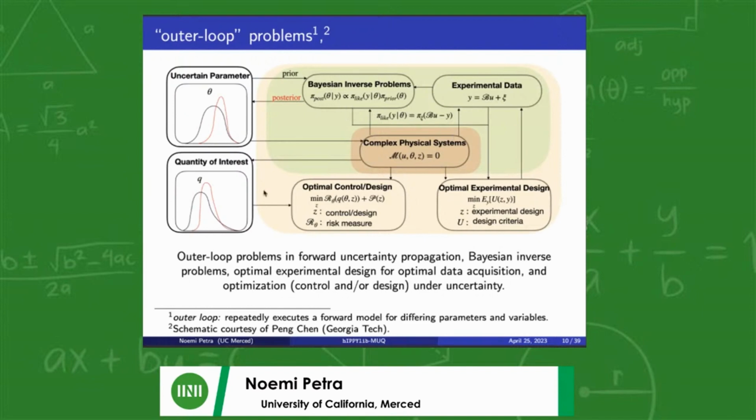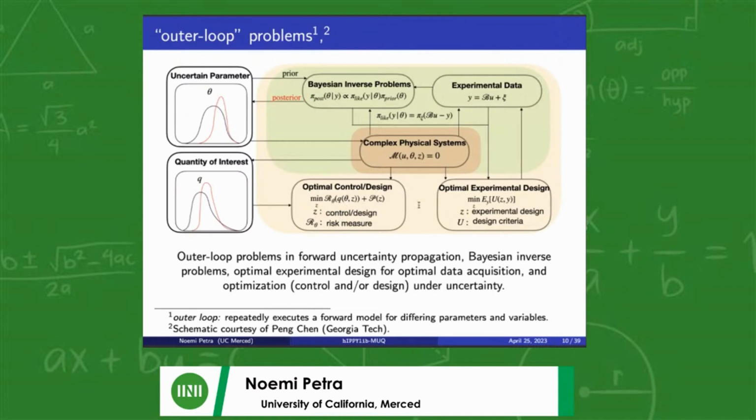Once you have that, then you can do more. You can use that uncertainty for prediction, taking into account all the uncertainty that you computed. You can also do optimal experimental design or control, and so on and so forth.